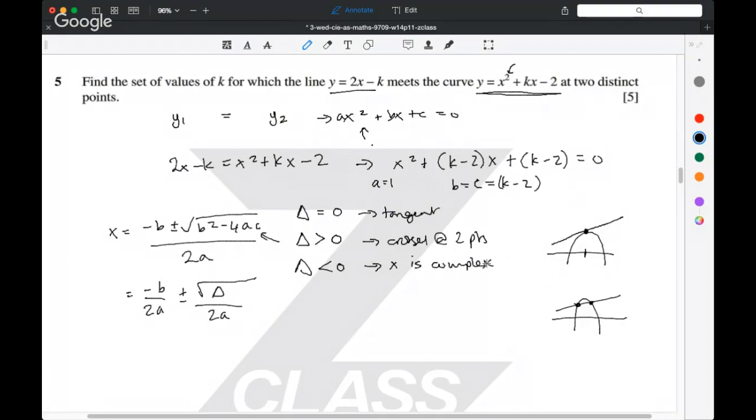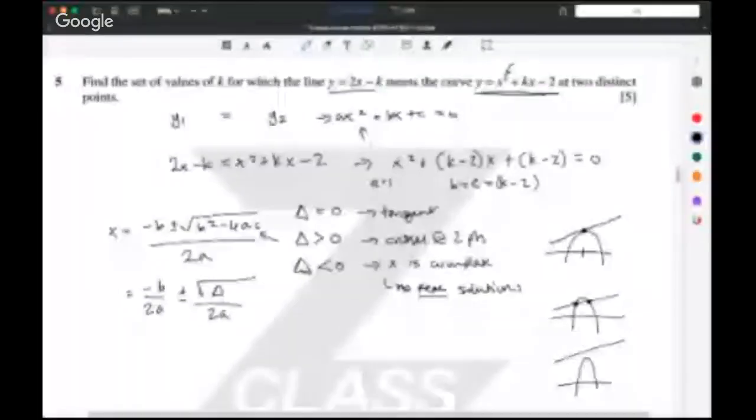Now, you may or may not have done complex numbers. You don't need it for pure 1 at all. Essentially, it means that there are no real solutions. If you're just looking at real solutions, which you usually are, you get this situation where there is no crossing point.